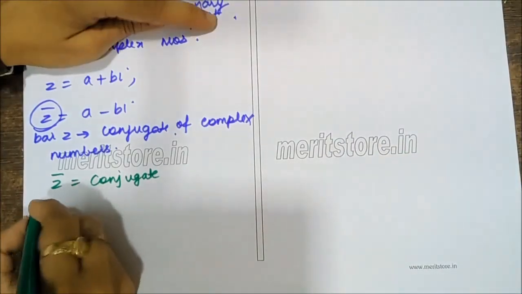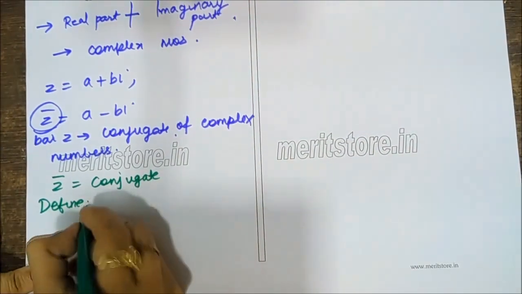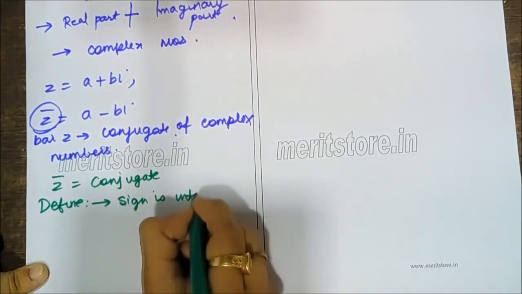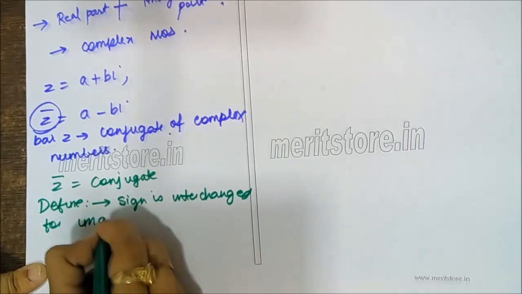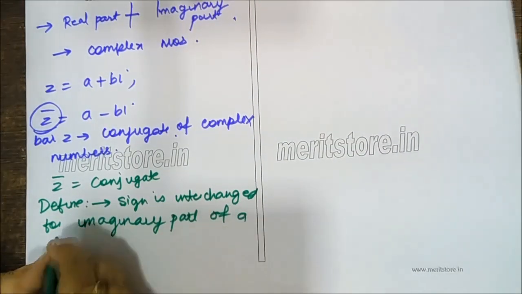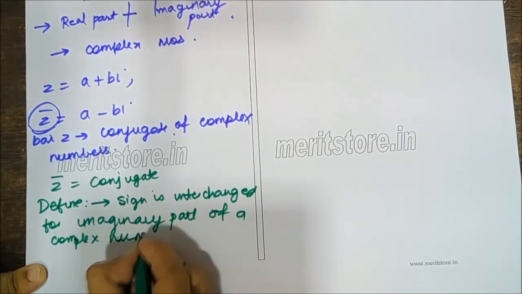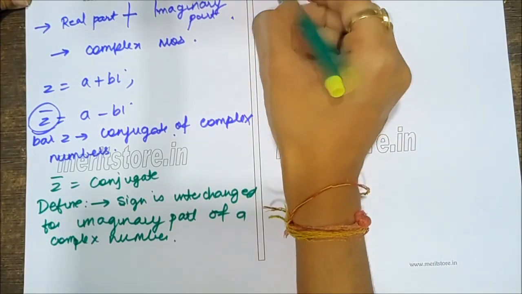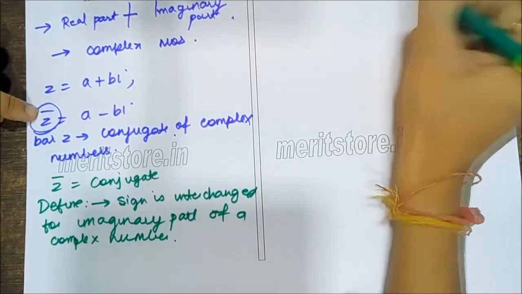How will I define conjugate? The sign is interchanged for the imaginary part of a complex number. As in, if I am writing z is equal to a plus bi, which I have shown you, I have written bar z as a minus bi.